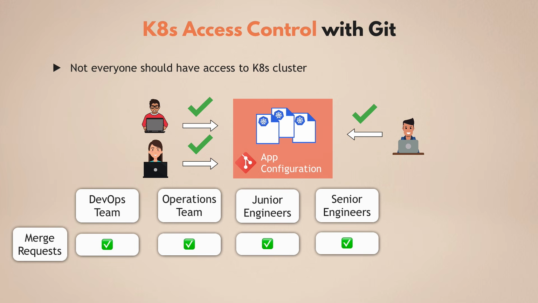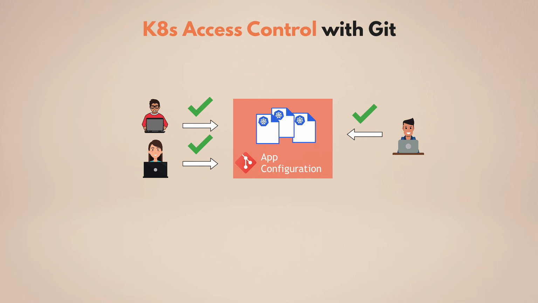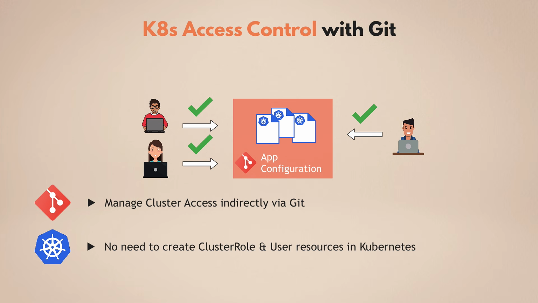And only a handful of senior engineers can then approve and merge those requests. And this gives you a clean way of managing cluster permissions indirectly through Git without having to create cluster roles and users for each team member with different access permissions. So basically we have a benefit of easy cluster access management.